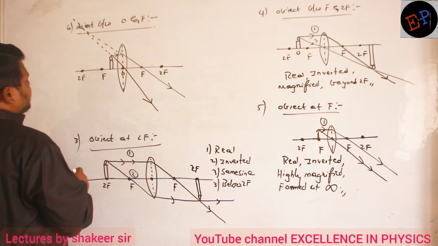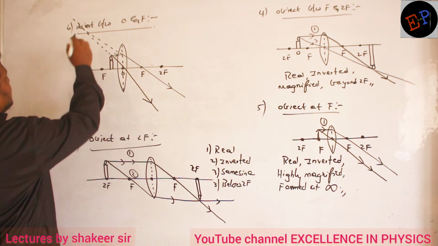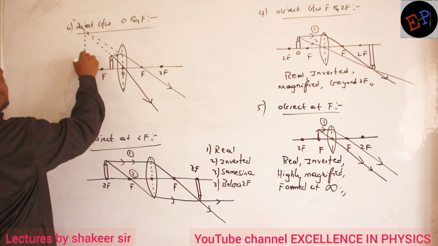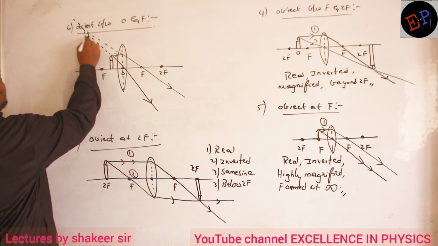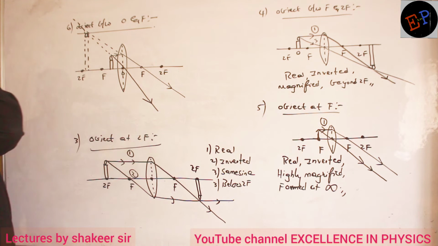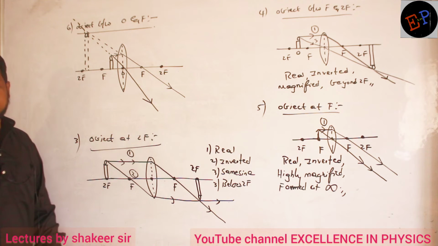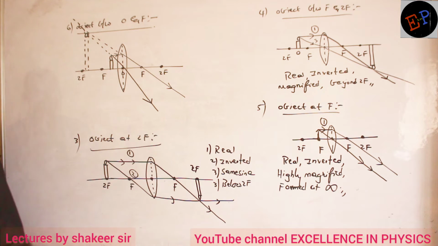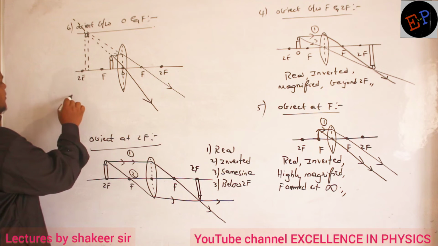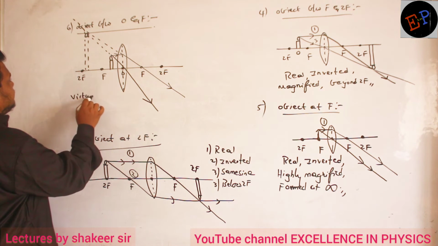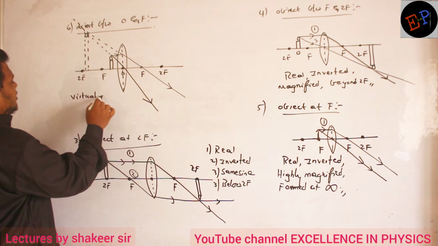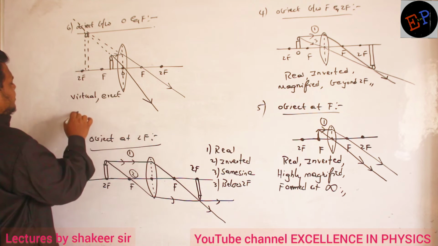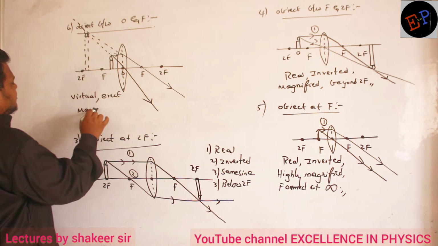So what kind of image is this? Virtual image. So what is the nature of the image? Virtual image, erect image, magnified image.